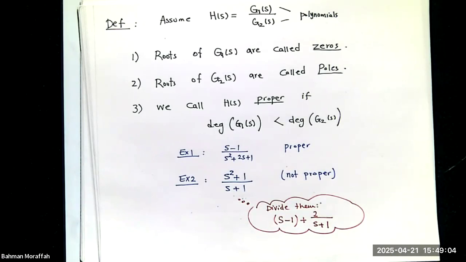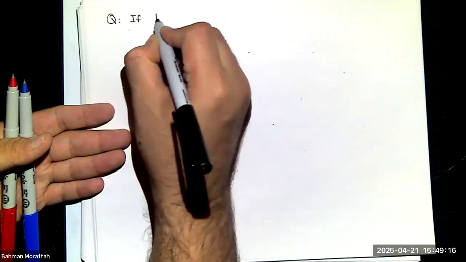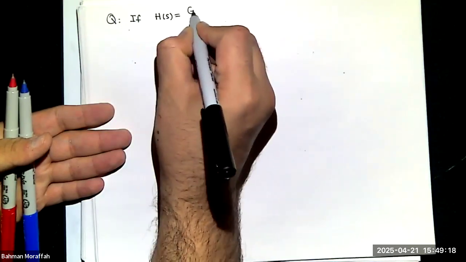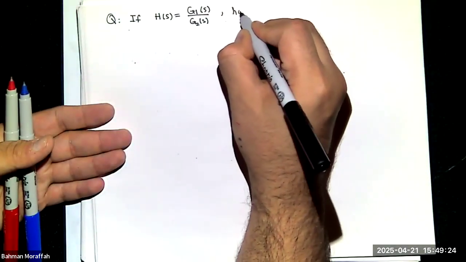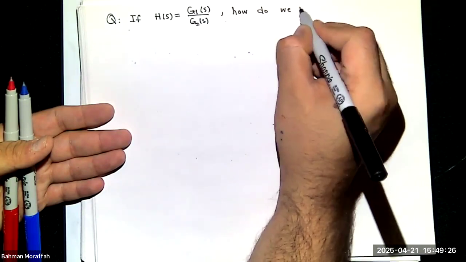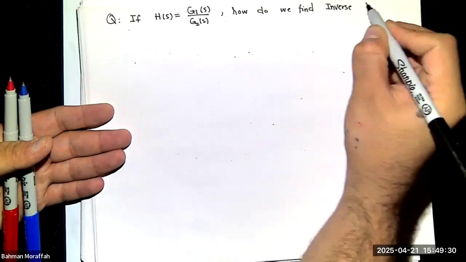Now we know these definitions. Let's try to find the inverse Laplace transform. So, question: if h of s is g1 of s divided by g2 of s, how do we find inverse Laplace?